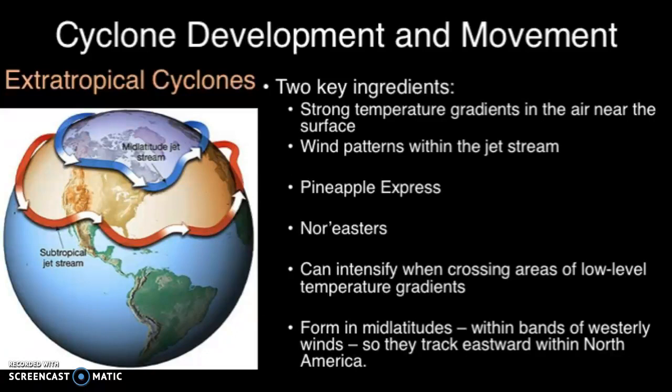So these extratropical cyclones tend to intensify when crossing areas of low-level temperature gradients. That's kind of weird to think about, but a good example would be that when one of them is crossing the western US, they lose speed when they cross the Rocky Mountains, and then once they cross the Rocky Mountains, they pick up speed as they get into the Great Plains.